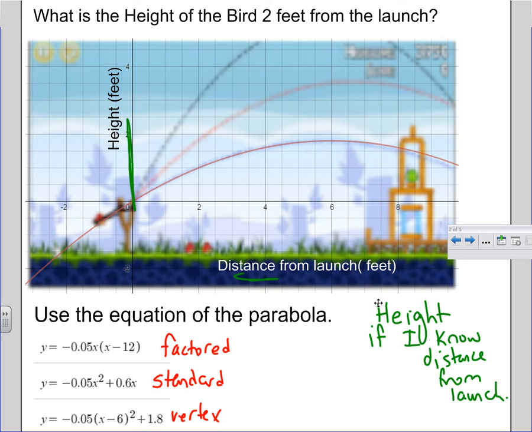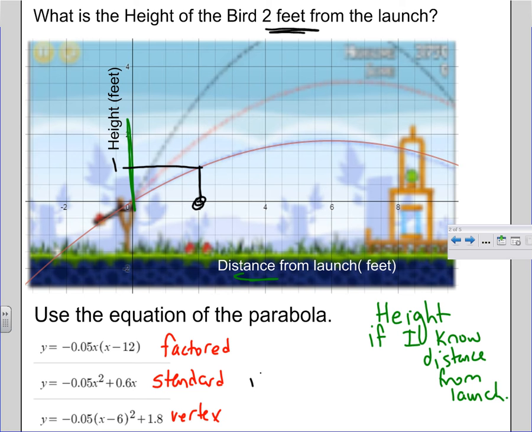So if I would like to know the height of the bird 2 feet from the launch, I'm going to be looking at 2 feet here, and I would like to know that output. I can estimate it because I do have a scale on here. It seems to be about a height of 1, but let's check.